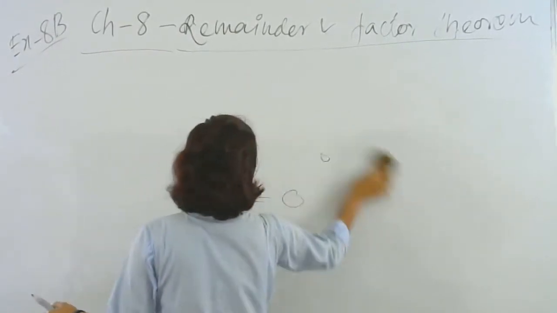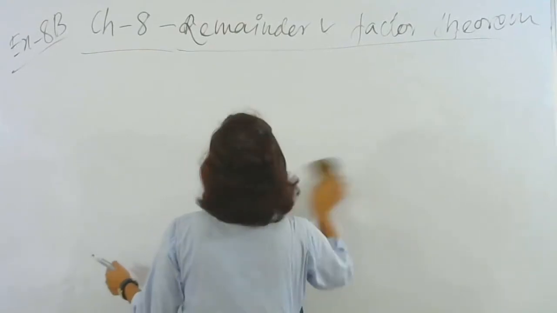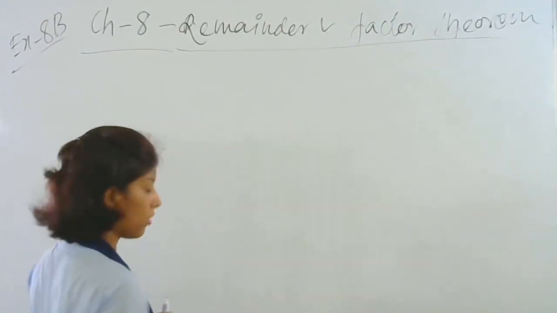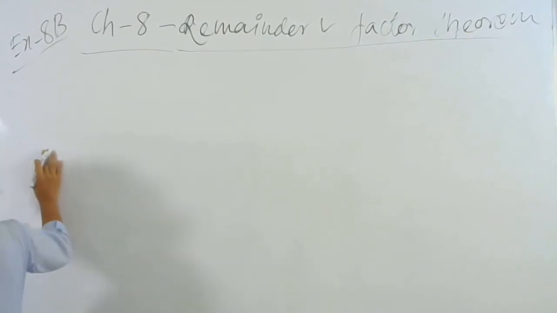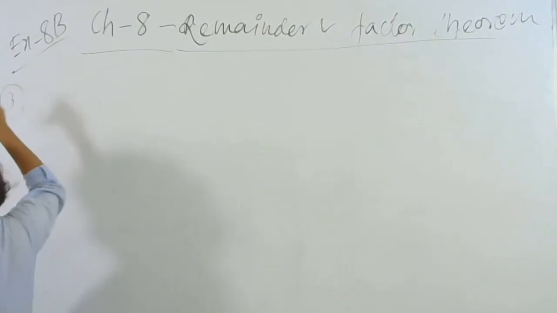Now since you have already done the first exercise, so for the second one, question number 1, 2 and 3, they are of the same type. That was there already in exercise 8a.